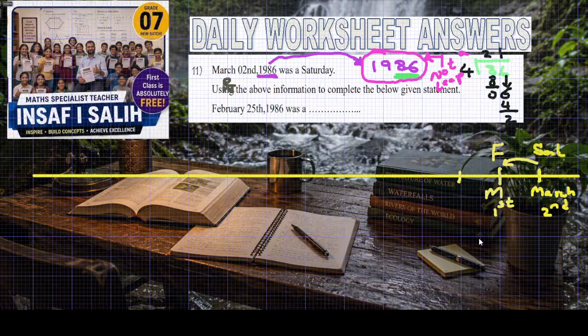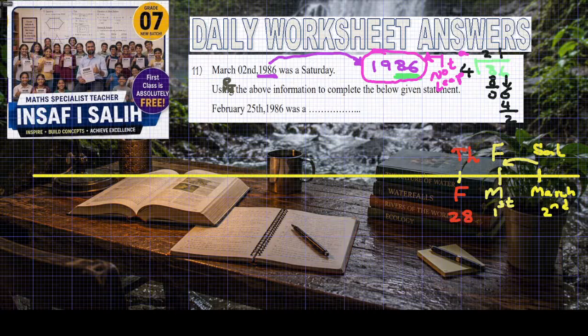So what is the day prior to 1st of March in year 1986? It was February 28th. If March 1st was a Friday, what should be the day prior to it? It should be a Thursday.